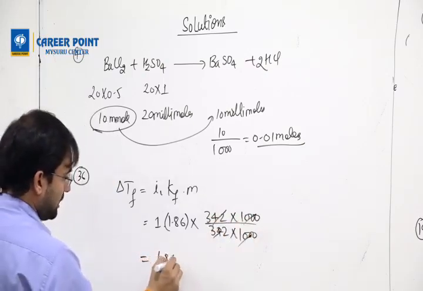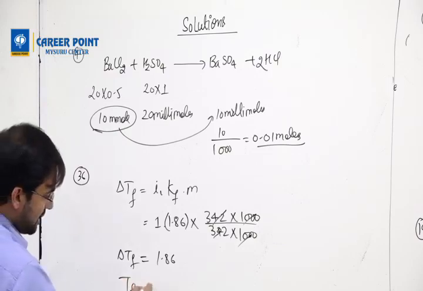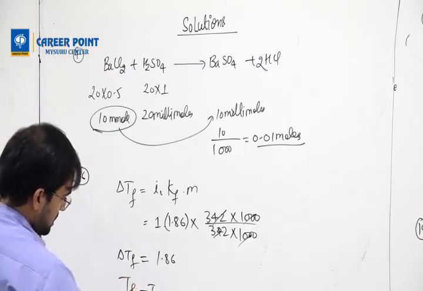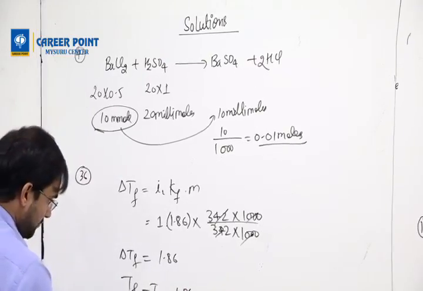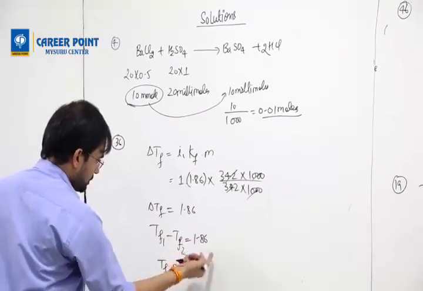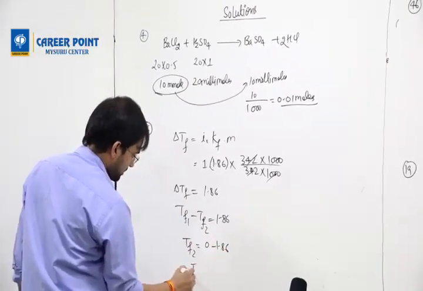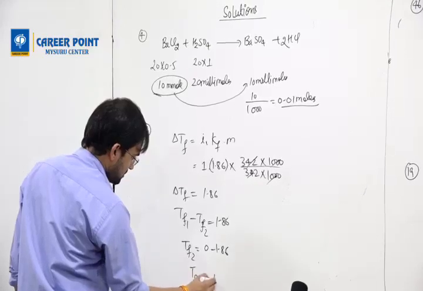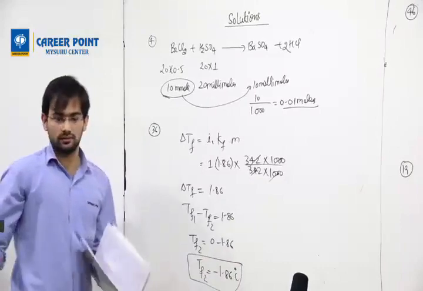So 1.86 delta Tf. Then I told you Tf1 minus Tf2 equals to 1.86. You want to find Tf2. Tf1 is 0. So this goes there, this comes here. 0 minus 1.86. So Tf2 comes as minus 1.86 degree Celsius.